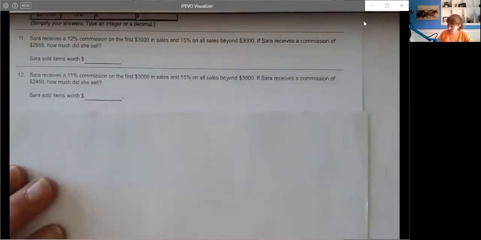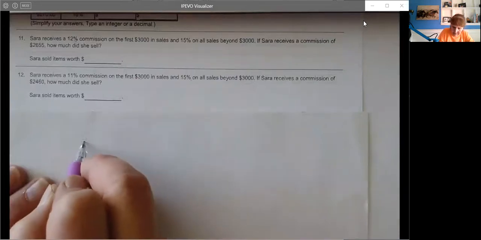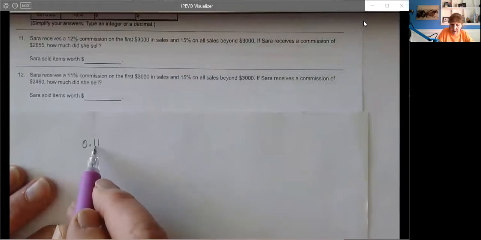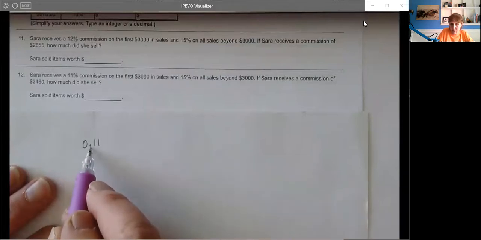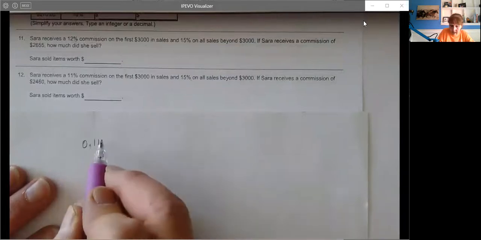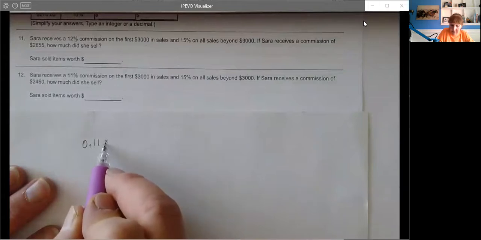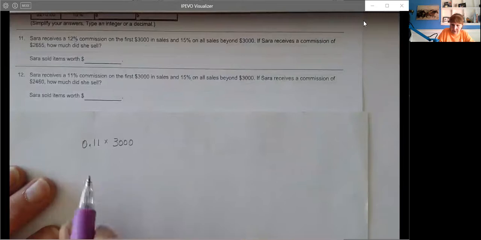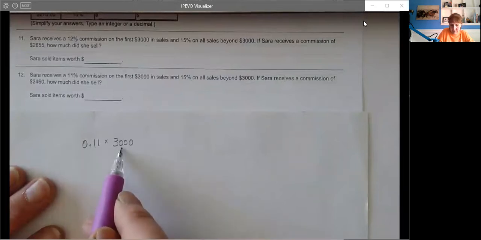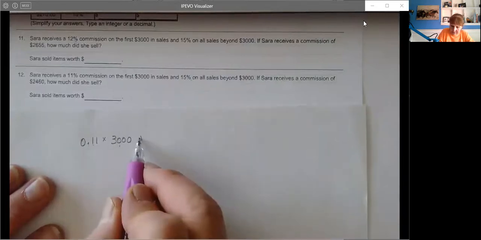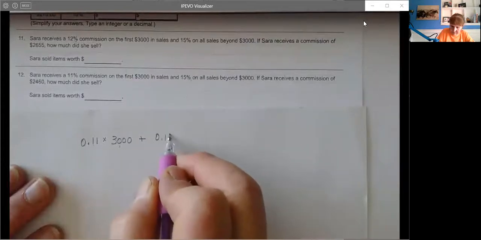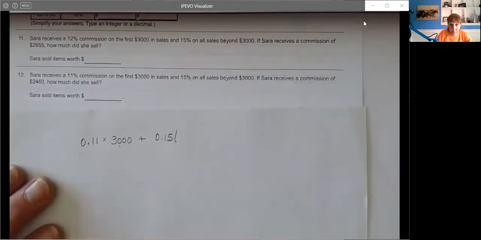All right, so here, we can get it set up. We have 11% on the first 3,000. I'm just going to go ahead and make it 0.11. I hope I didn't lose you on that. 11% times the amount. So she makes this much on 3,000 plus 15% on anything over 3,000.